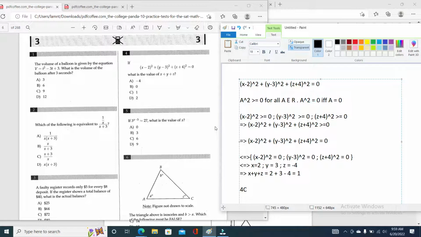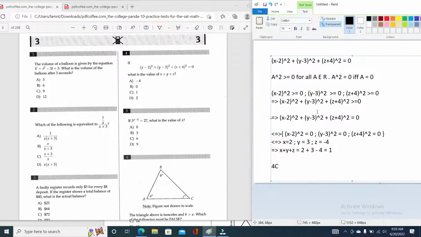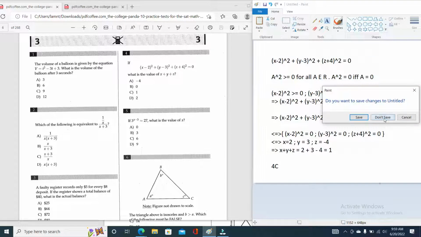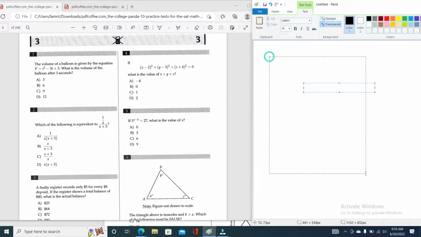Number 5. Okay, that's new, and I want to make it bigger. Number 5. Okay, so 3 to the power of x minus 3 is equal to 27.